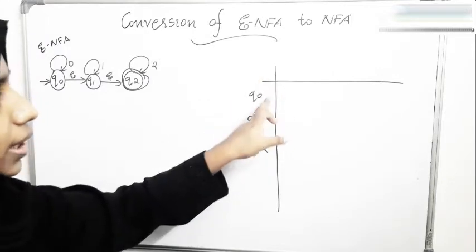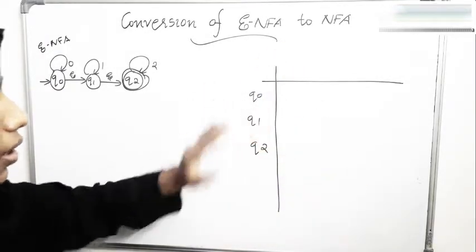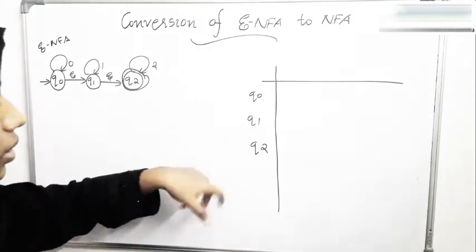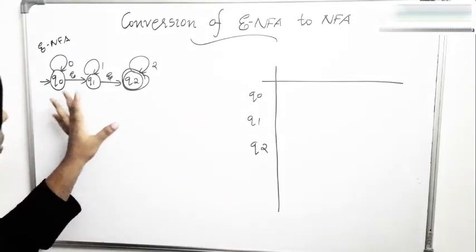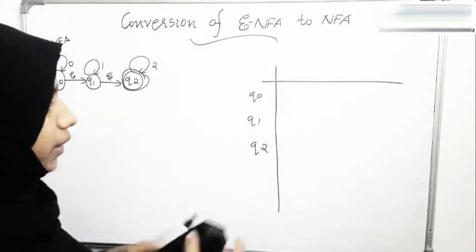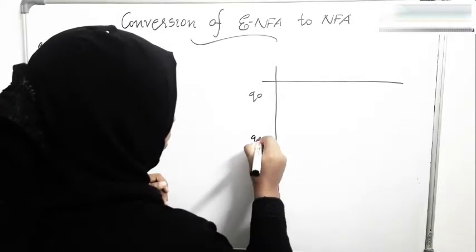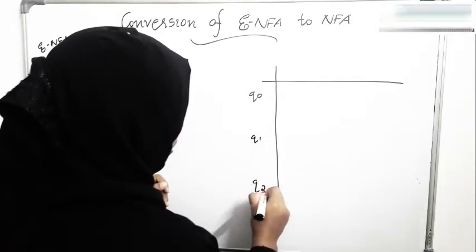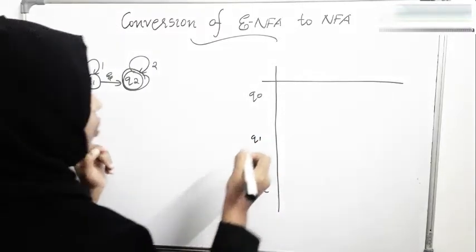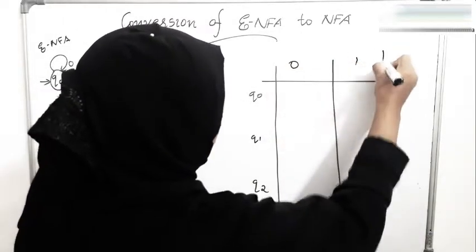So for the resulting NFA we are creating the transition table, and for that the states will be exactly the same as those of this epsilon NFA: Q0, Q1 and Q2. Now the inputs are 0, 1 and 2.